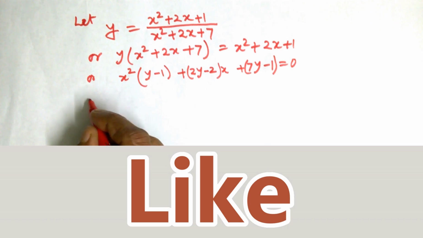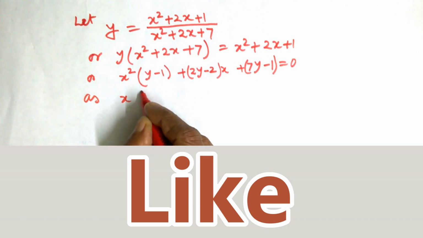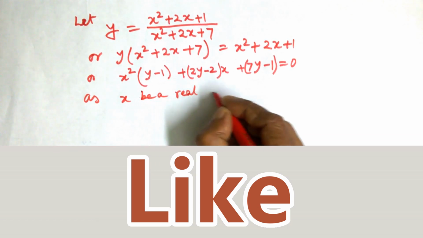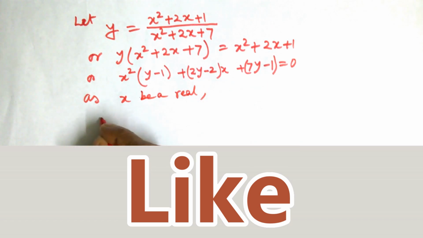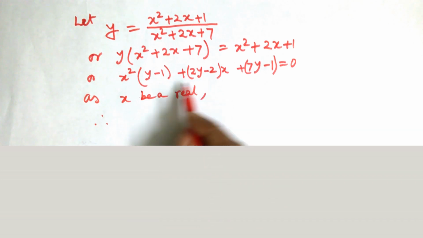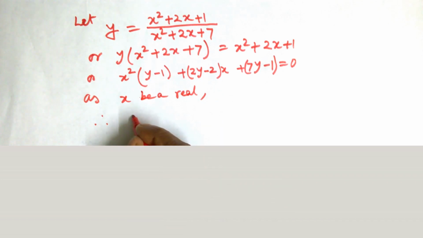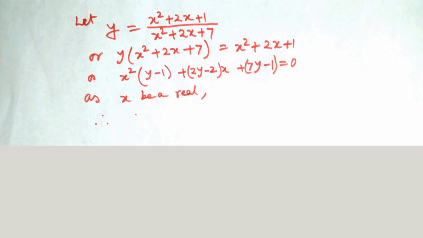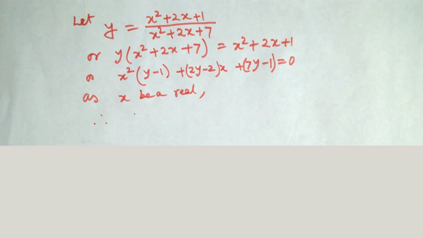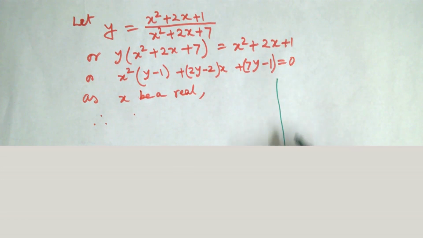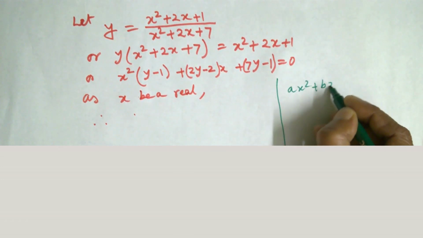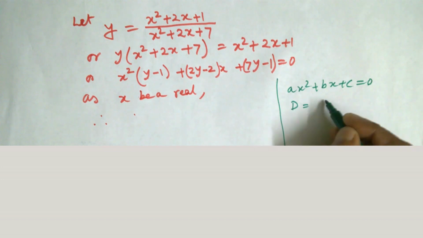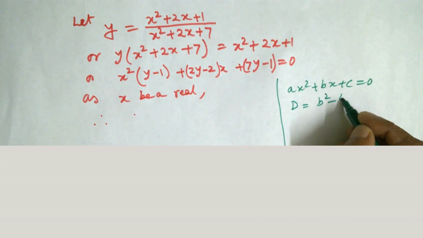So applying the condition, as x is a real number, its discriminant must be nonnegative. If ax square plus bx plus c is a quadratic equation, then its discriminant D is equal to b square minus 4ac.